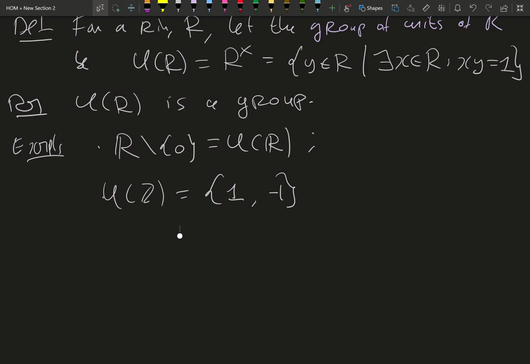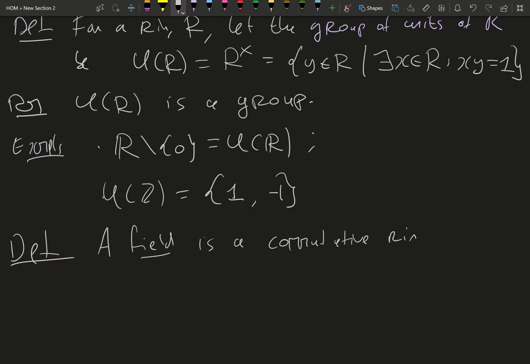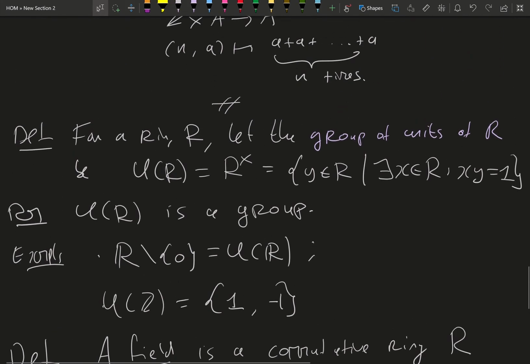And now we are almost done, because now we can give our tie to the linear algebra, because we're going to say that a field is a commutative ring, let's call it R, such that if you throw away the 0, you get the units of R. So that's exactly what happens here, right?